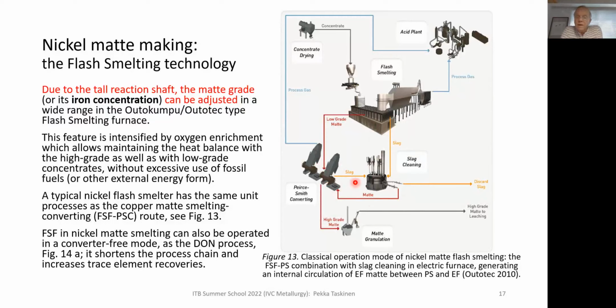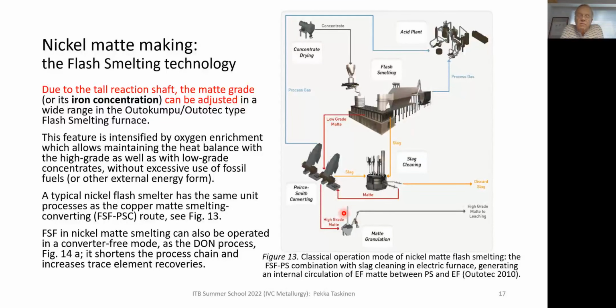So this is an ever-going circulation of material which loses most of the trace elements, which are transferred to slag in oxidizing conditions and reduced to matte in slightly more reducing conditions. So this is not good for cobalt recoveries, and something was improved here.